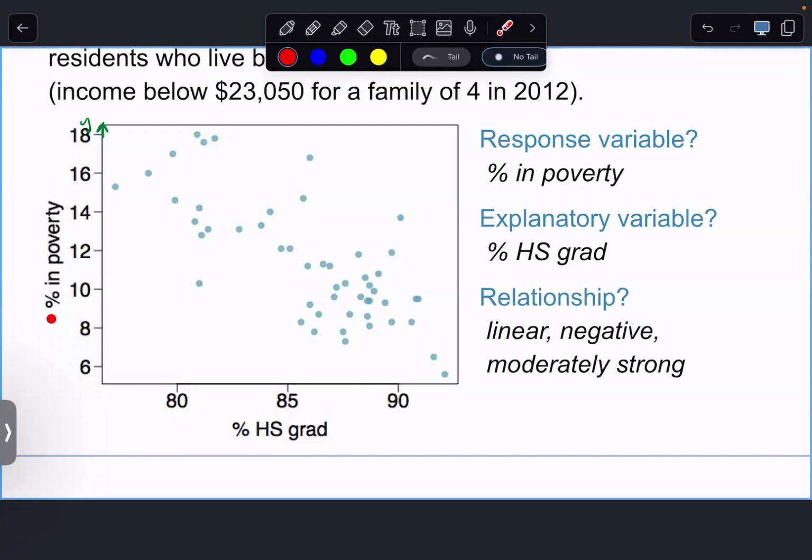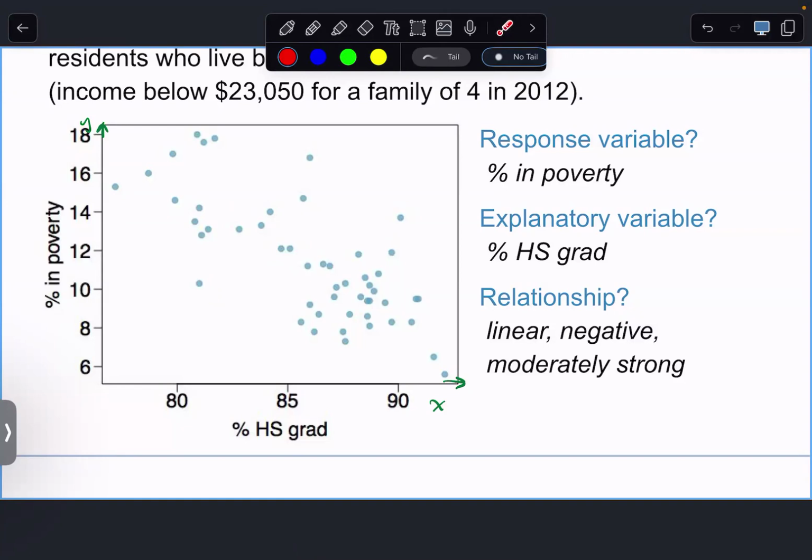What's the explanatory variable? Well, here from the scatter plot, it's the percentage of high school grads, right? Each state has some percentage in poverty and some percentage of high school grads, right? And so each point represents a state or DC, whatever. Let's just generalize as a state, okay? And so we've got these ordered pairs all in our scatter plot representing each of the states. Okay?